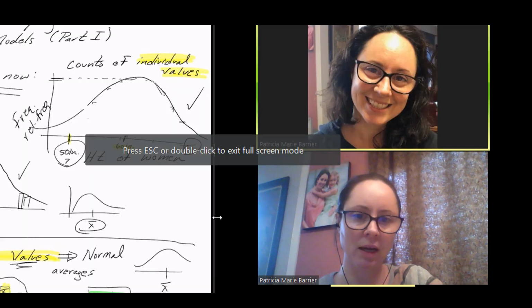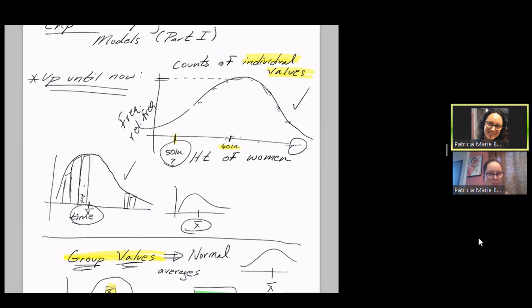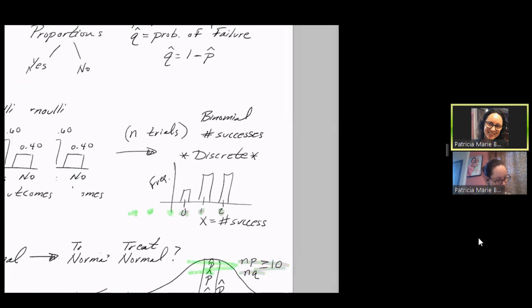As we continue that, we have some conditions to meet. So we begin with conditions. The conditions are to check things like, is our sample large enough?